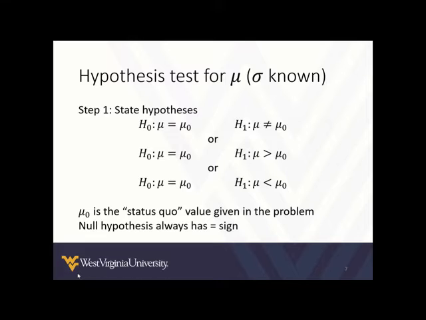So going through the steps, for our step 1, our stating of the hypothesis, there are 3 options for hypothesis. Our null hypothesis is always going to state that mu equals mu naught, but what can alter is our alternative hypothesis based on the scenario we're given. Recall, it'll either be a two-tailed, right-tailed, or a left-tailed test.